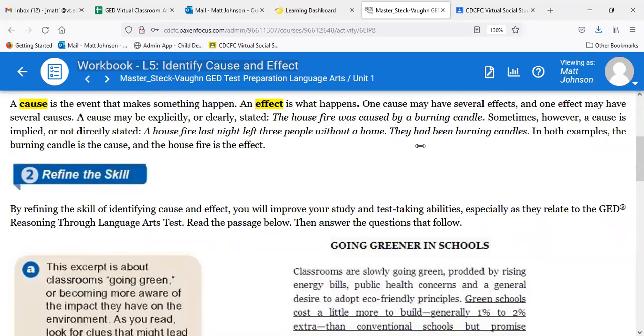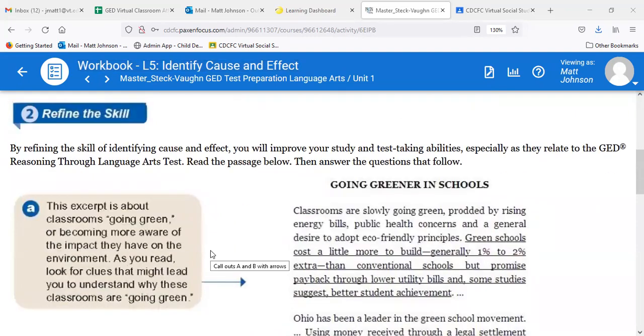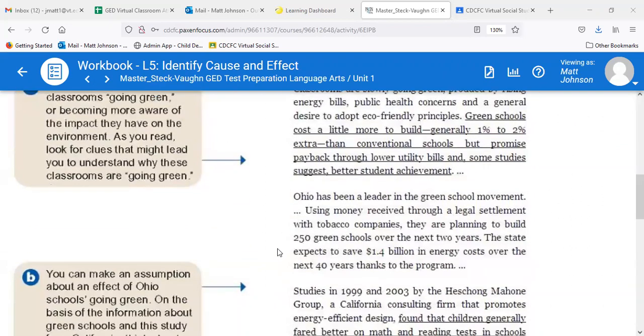All right, and a new passage here, going greener in schools. Classrooms are slowly going green, prodded by rising energy bills, public health concerns, and a general desire to adopt eco-friendly principles. Green schools cost a little more to build, generally 1 to 2% extra than conventional schools, but promise payback through lower utility bills, and some studies suggest better student achievement.